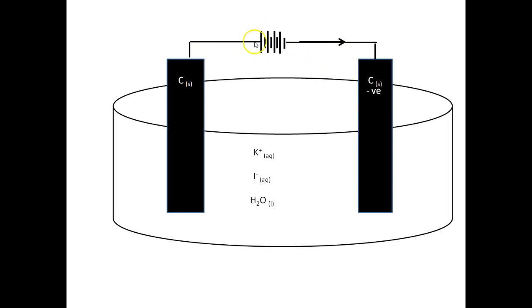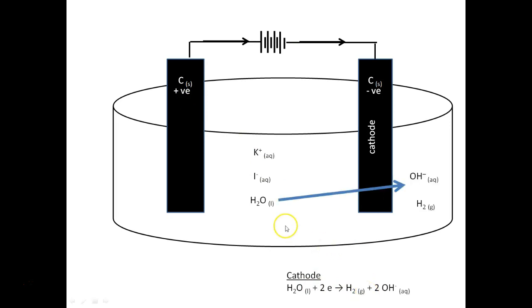At the same time, this is my positive end of my power source. They're going to attract the electrons out of this electrode, and so this electrode is going to have a positive charge. Now we know from above that my negatively charged electrode is called my cathode. Okay? And my positively charged electrode is called my anode. We also know at my cathode it's the site of my reduction reaction.